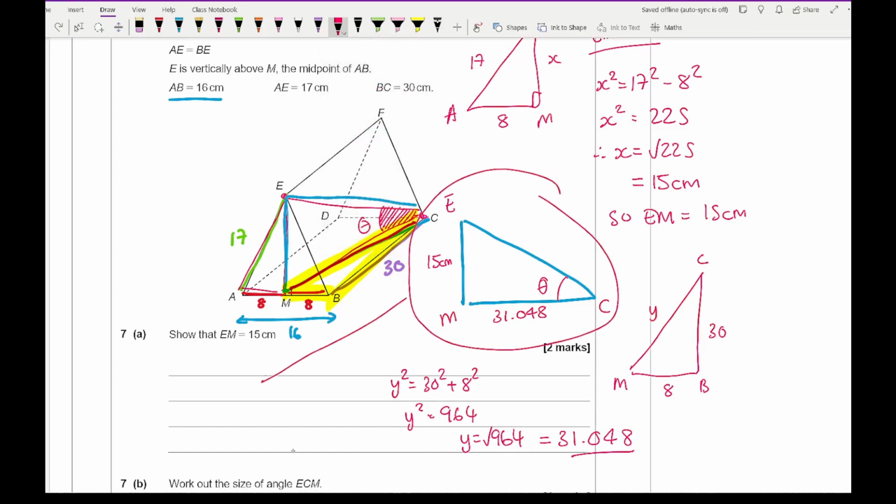So then taking this triangle, and let me put that over here, in which this is 15, this is 31.048, and theta is what I'm wanting. So again, I'm going to use tan. So tan theta equals 15 over 31.048. So theta equals the inverse tan of 15 over 31.048.